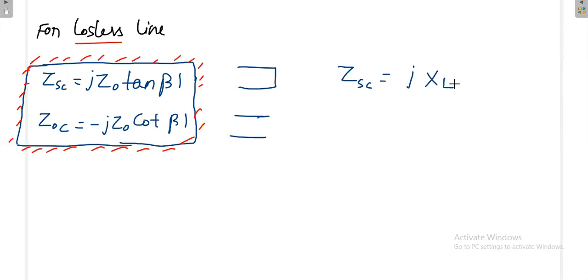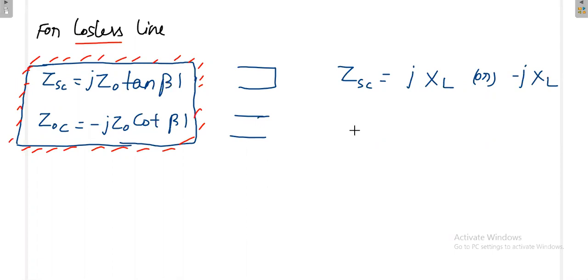Again, once you substitute βl, the tan βl value can be positive or negative. Actually, you can design jXL or minus jXL also. It's all how you are choosing your βl, because tan βl can be positive or negative. So you can design any reactance, positive or negative.